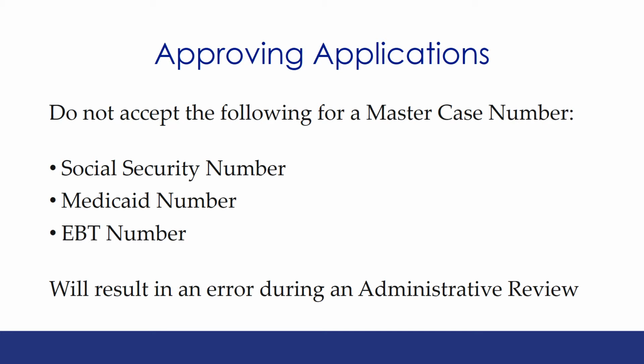EBT stands for Electronic Benefits Transfer. This is the card they use to purchase food. If any of these 3 numbers are reported as a master case number, it will result in an error during an administrative review. Now that we have direct certification, the number of applications a district receives with a master case number has been greatly reduced.